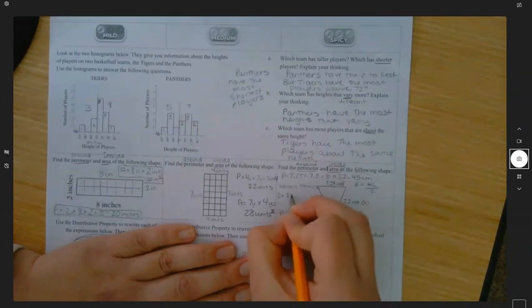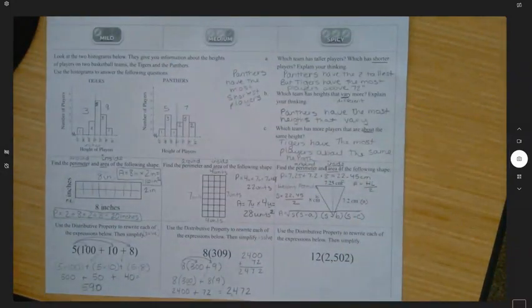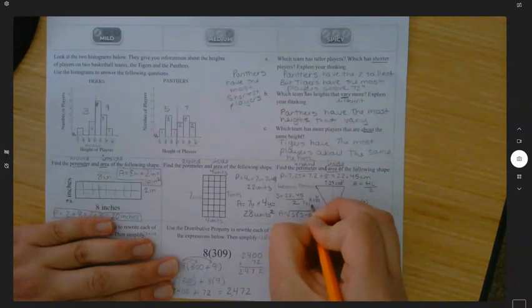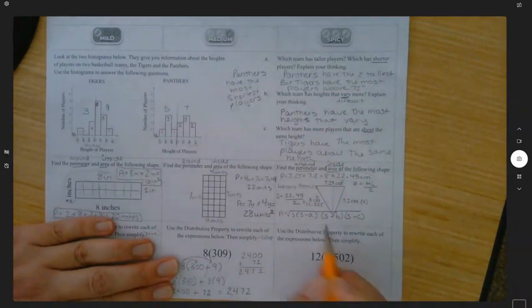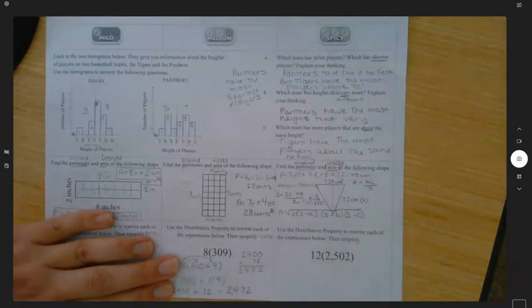So we have 22.45 divided by 2, which would be equal to 11.225. So now we're going to get into this, and it's going to be a big problem.